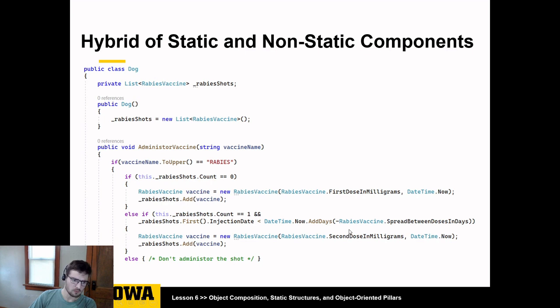Okay, and then create the new vaccine, and then use the recommended second dose, and then the injection date. Otherwise, we don't administer the shot. So you can see here we're writing instructions that are going to operate on a single dog, but we also refer to these global properties to inform this function here, this process of administering.